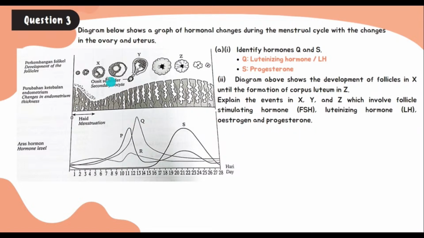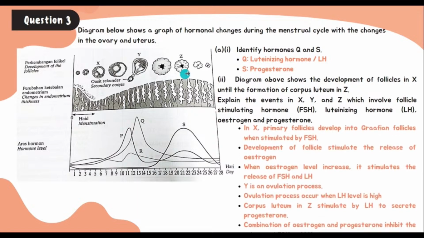All the 4 hormones. How X, Y, and Z are involved with these hormones. How these hormones affect the X, Y, and Z. Okay, let us take a look at the explanation.